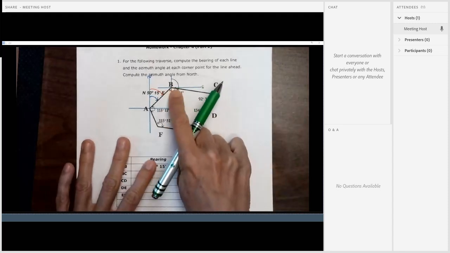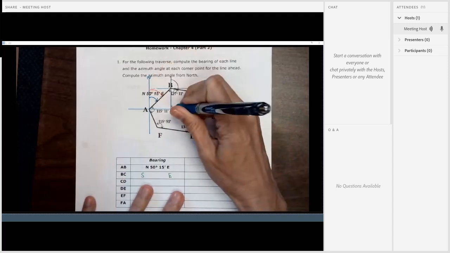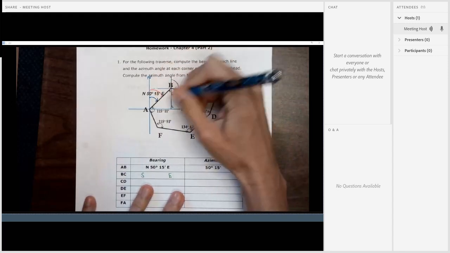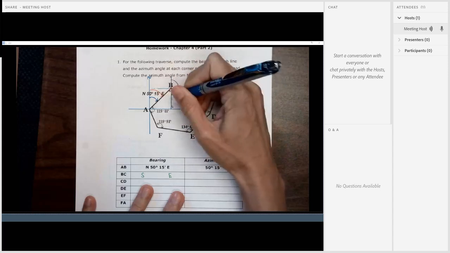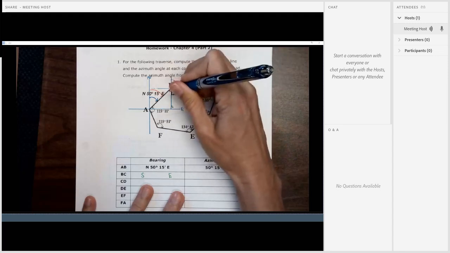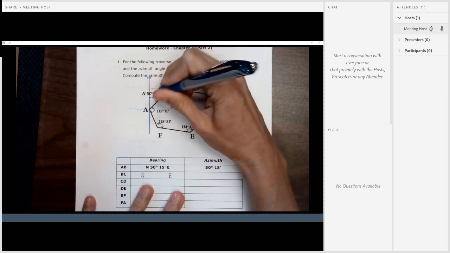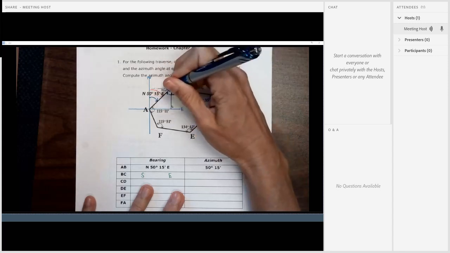I know this whole interior angle here is 127 degrees and 11 minutes. And from my angle reasoning, I'm going to use the fact that, if I look at these two grids together, they make this rectangle of 90-degree angles. And so if I'm looking at alternate interior angles, then I can know that this angle is the alternate interior angle to this one. This measurement is 50 degrees and 15 minutes.